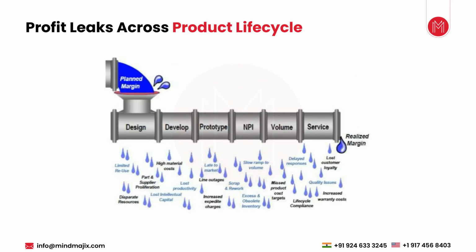of product launch, right? So during the design phase, if there is limited reuse, because we are working on pen and paper or individual sheets, we will not be able to reuse them, correct? Also the part and supplier proliferation and disparate resources, high material cost, then loss of intellectual capital.